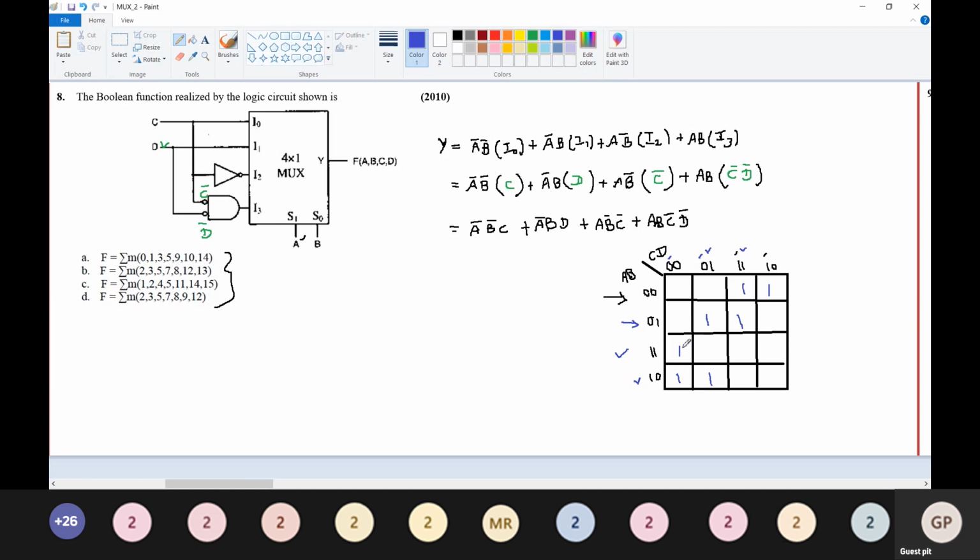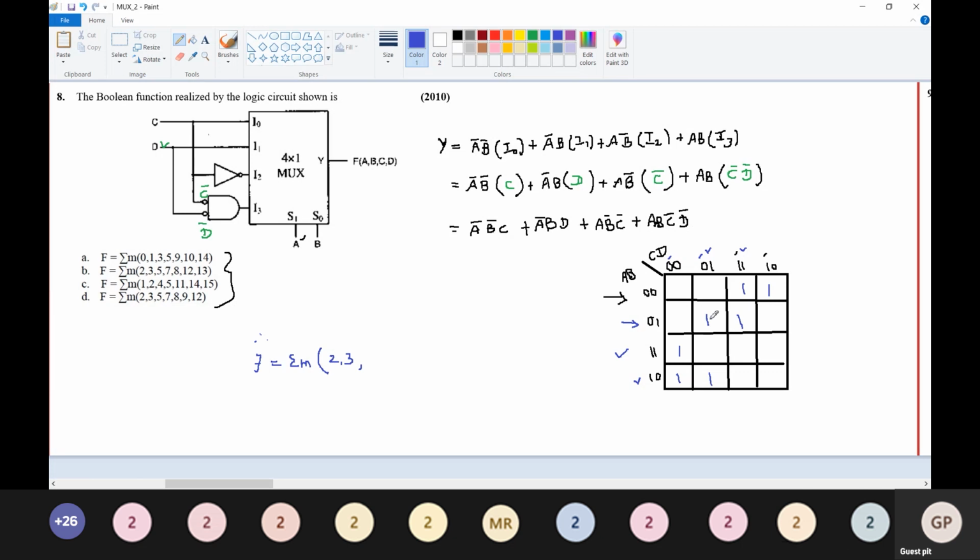So we have plotted the corresponding places of the minterms. Now what we will do is write the corresponding minterm values as the function here. So f is equal to summation of m 0, 1, 2, 3, 2, 3, 4.